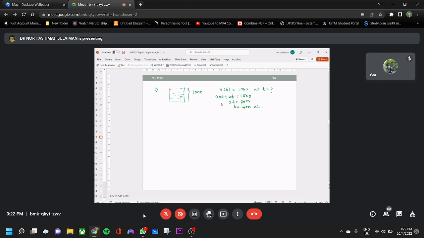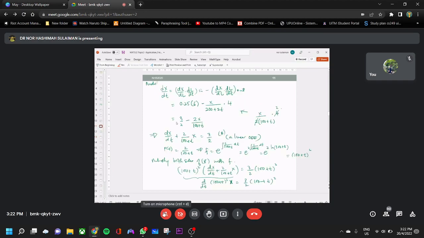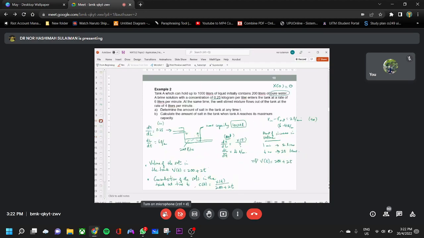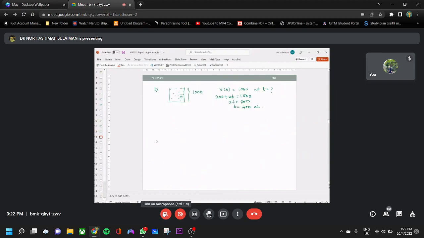Right, so we are not yet done. Soalan dia nak cari berapakah amount of salt in the tank when tank A reaches its maximum capacity. So we have identified that T equals 400 minutes for the tank to reach the maximum capacity.